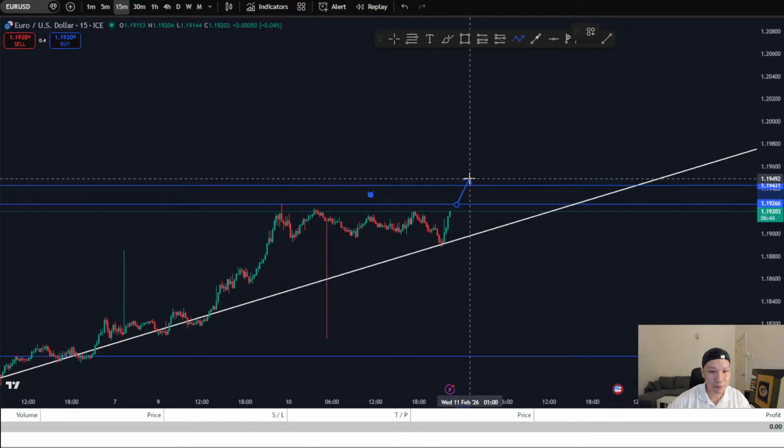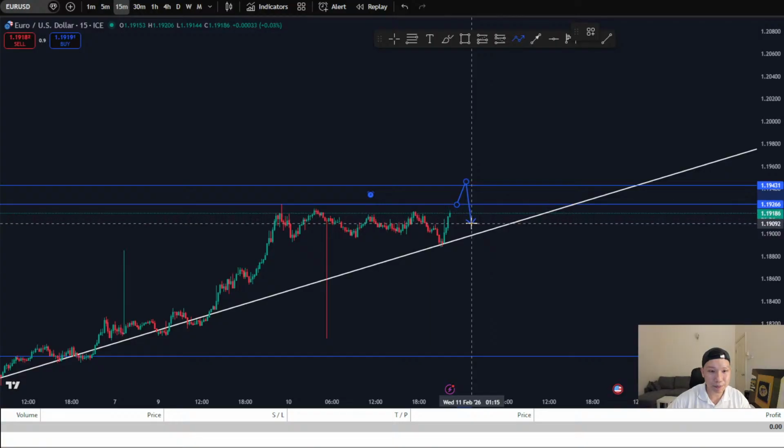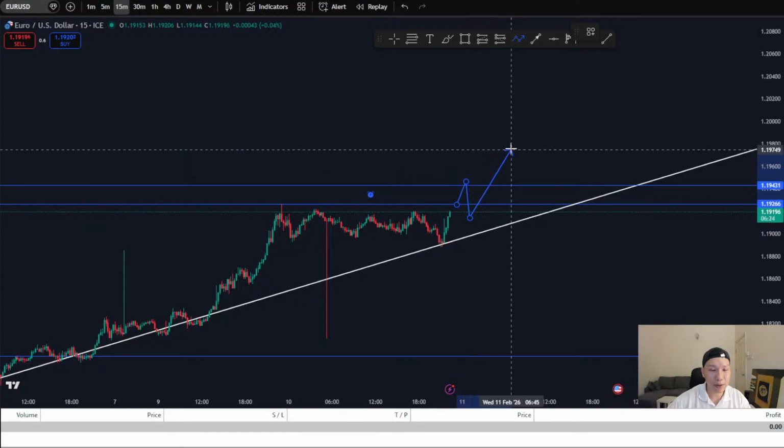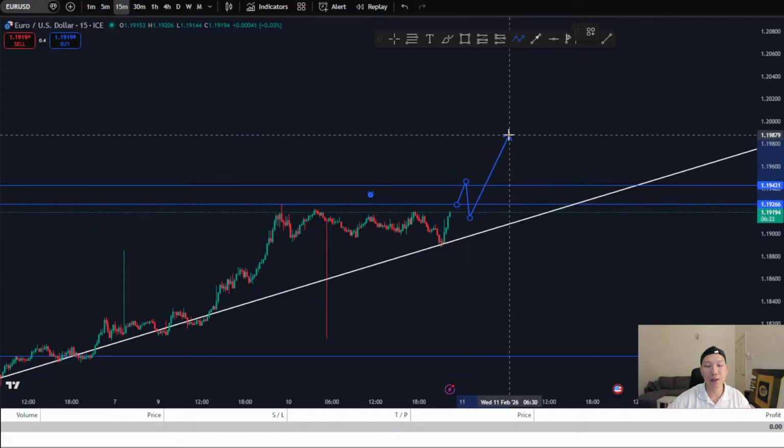It goes up somewhere around here, maybe a little further, and then it's going to go down, being absorbed back, right here.